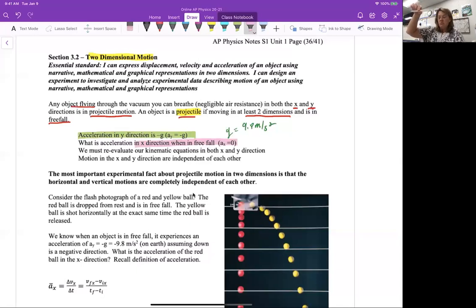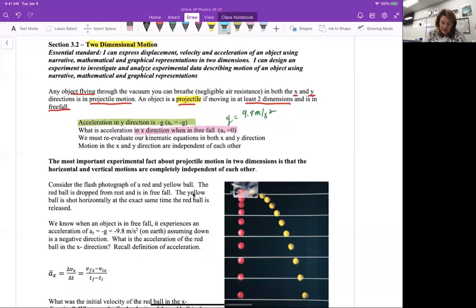Well, it was 0. I dropped it. Did it move all by itself? Was there some kind of ghost in the middle of the air that made my pen fly in the X direction? No. Therefore, there was no change in velocity. It started off as 0 in the X direction. It ended up with a 0 velocity in the X direction. Change in velocity was 0 divided by time. The acceleration was 0.